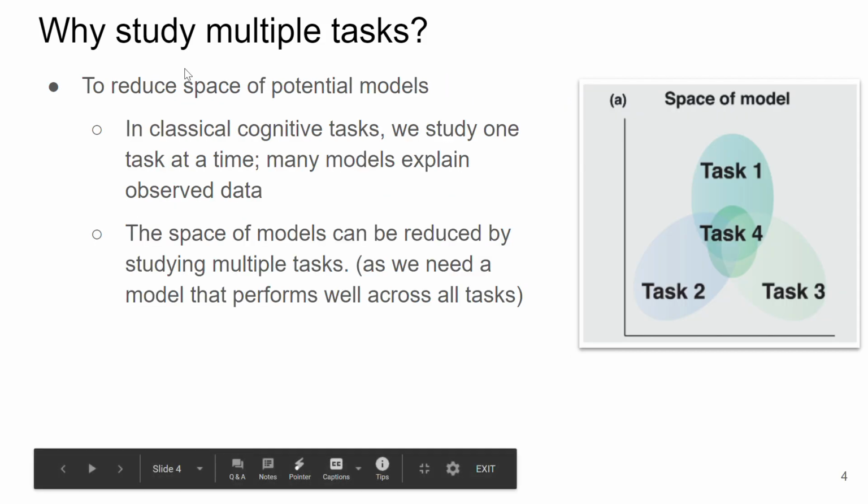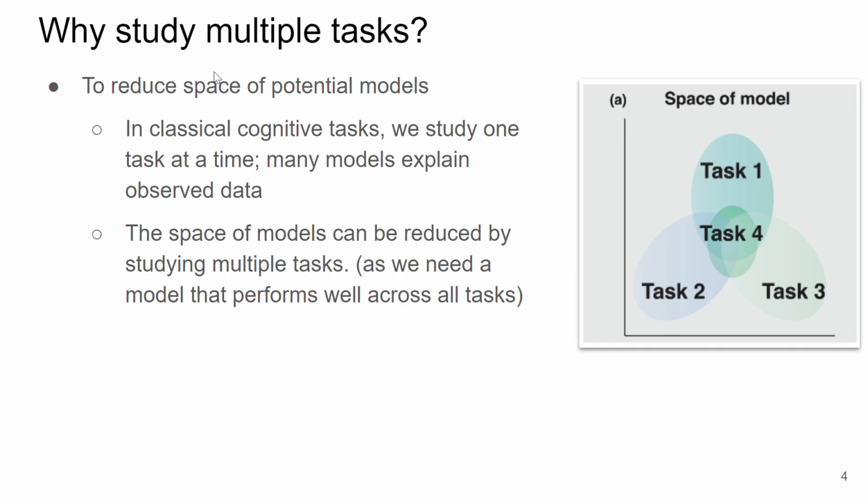So the paper gives several examples to motivate why we need to study multiple tasks, and they start off with this example. They say that in classical cognitive tasks, we study only one task at a time. So many models can explain the same observed data.